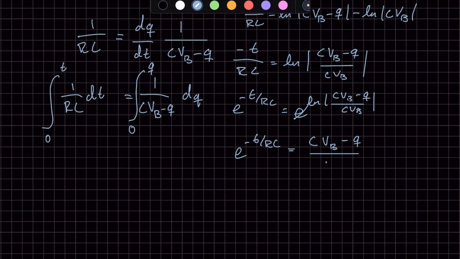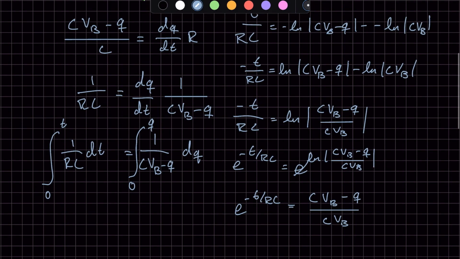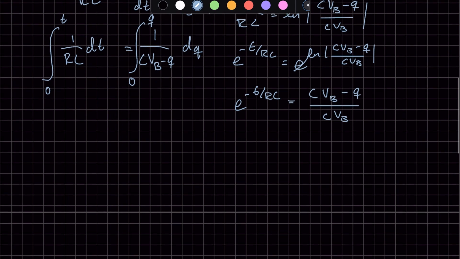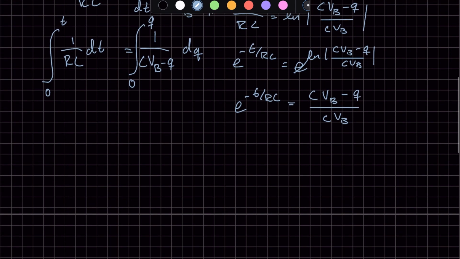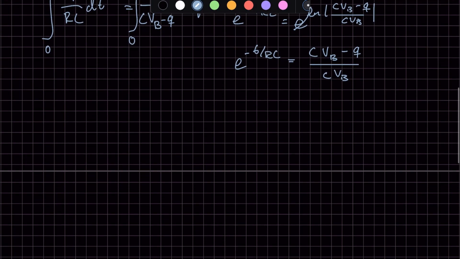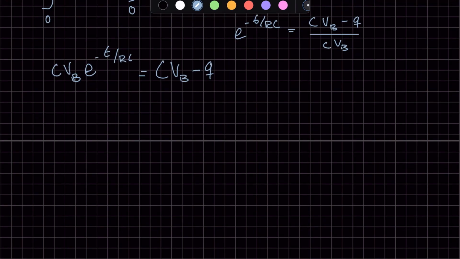over CVB. And now this is looking like a much more friendly equation than what we had earlier. And so first thing we can do is move this to the other side, and we get CVB times e to the negative t over RC is equal to CVB minus q.